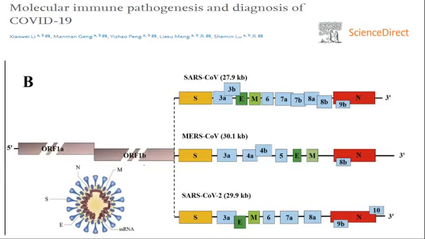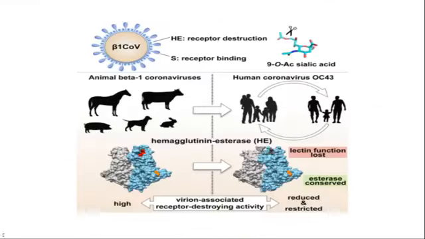What I'm trying to say is that if you already have a virus, and there's even a single point mutation, sometimes this virus can become deadly. In the next slide, I'm going to show you how a mutation in the DNA or RNA can make a virus hypervirulent or make a new virus.